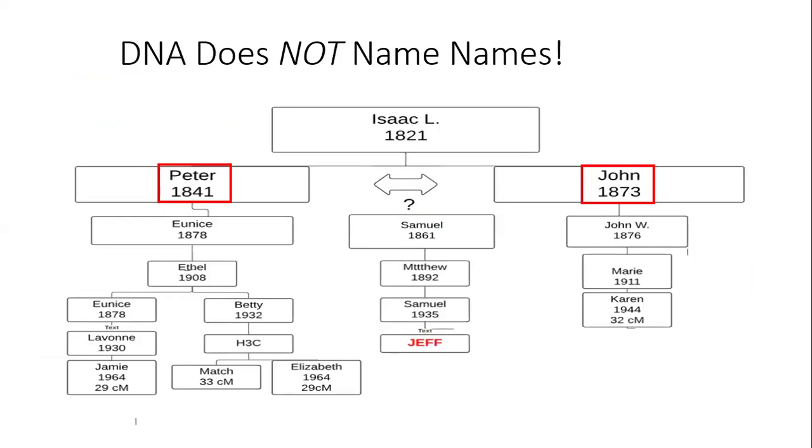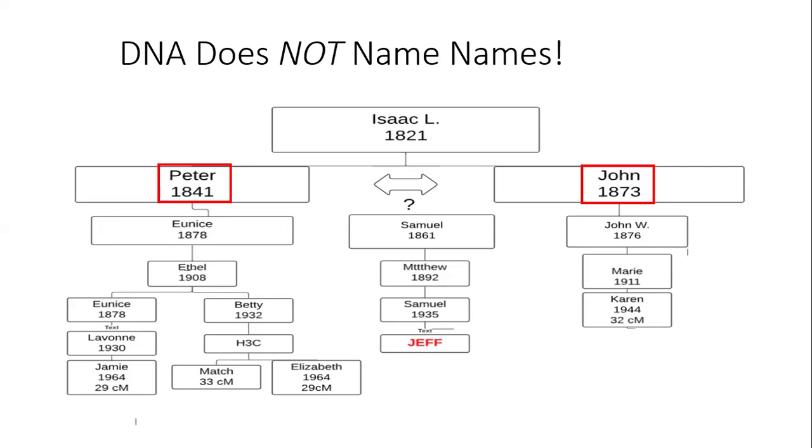It's very important to remember that DNA does not name names. This comes into play when you're looking at who was my great-grandfather. You can find the great-great-grandparents with it, but if there are three or four sons, it's not going to tell you which son it is.